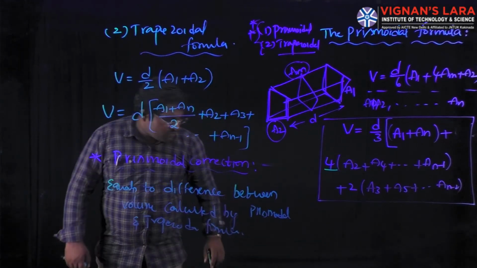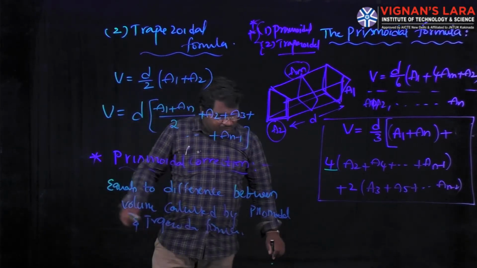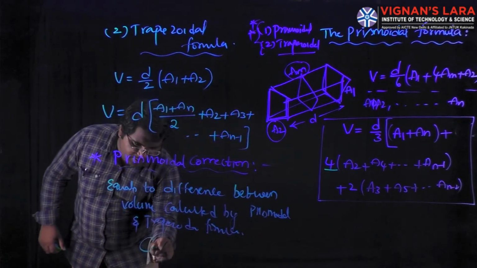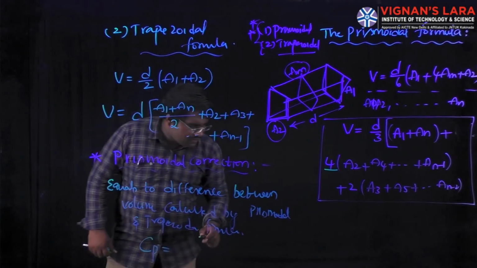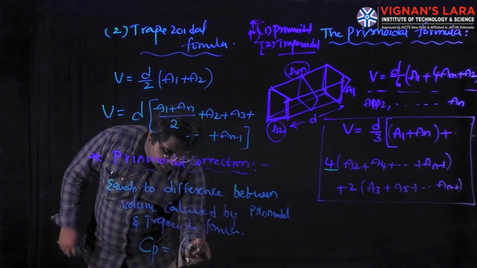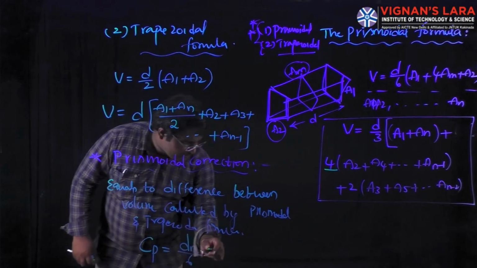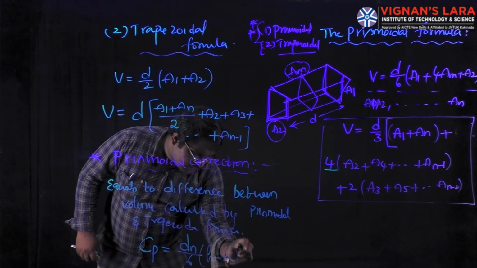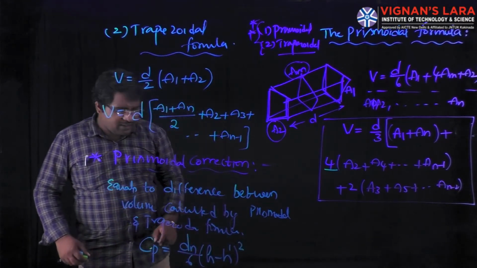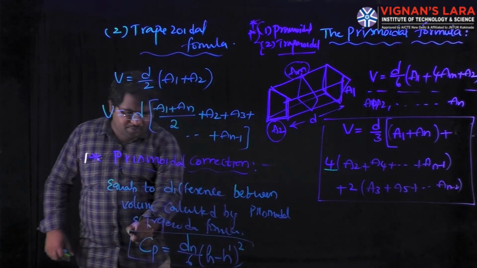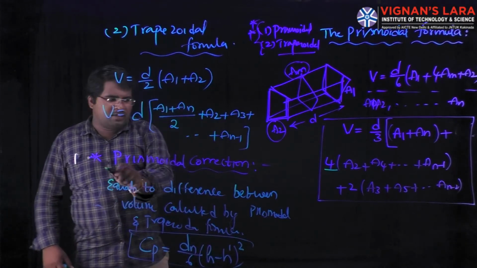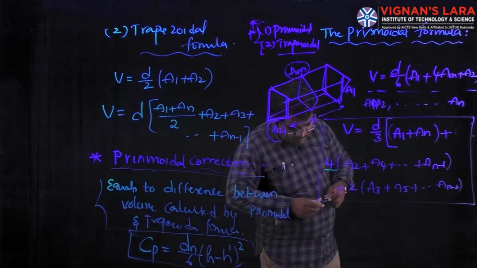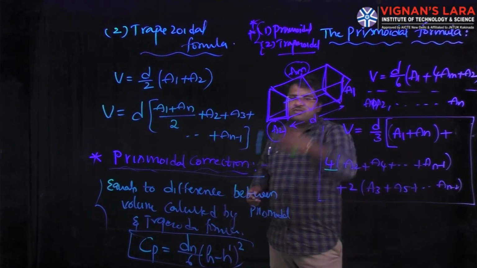Finally, the correction Cp is equal to d n/6 into (h - h')². You need to remember this formula and know what the prismoidal correction is: the difference between these two formulas.